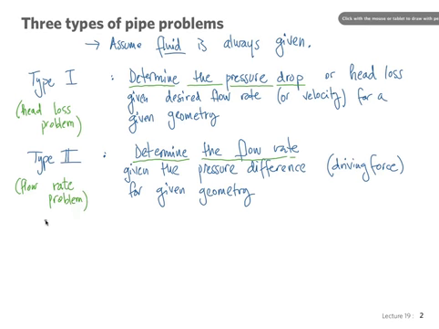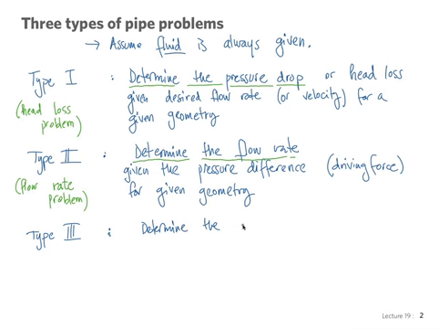And the third type of problem that you can have for pipe flow systems is to determine the pipe diameter. Given the pipe diameter that you would need to achieve a certain pressure drop in the system, again, because perhaps you have a fixed budget of energy, say, for the system, right?